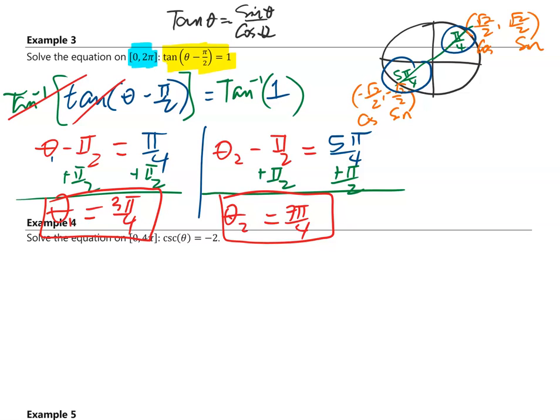So our solution set, we have 3 pi over 4 and 7 pi over 4.